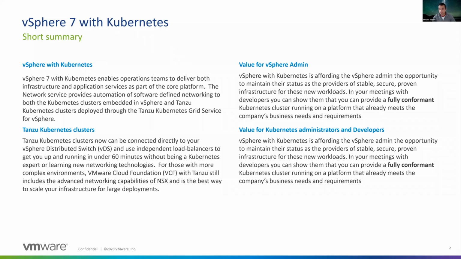The value for the vSphere admin is that it is now easier to provide such a service, and you have full control to manage, maintain, and secure such a deployment.